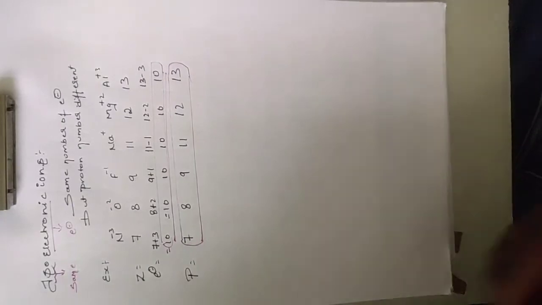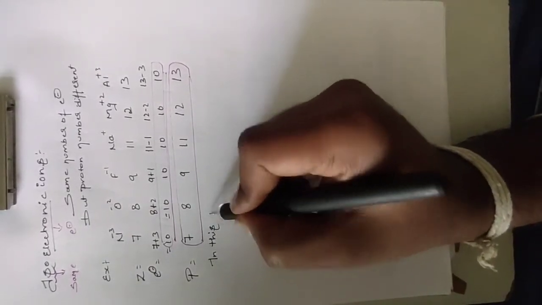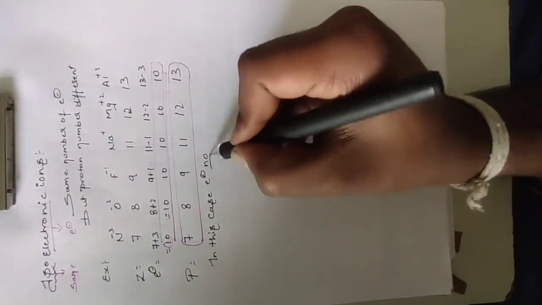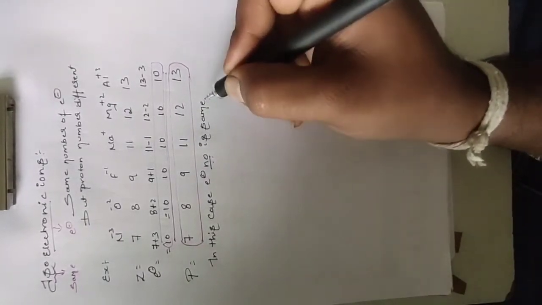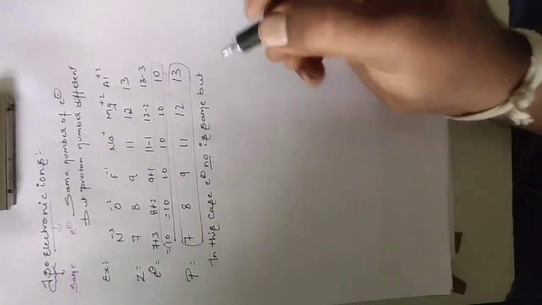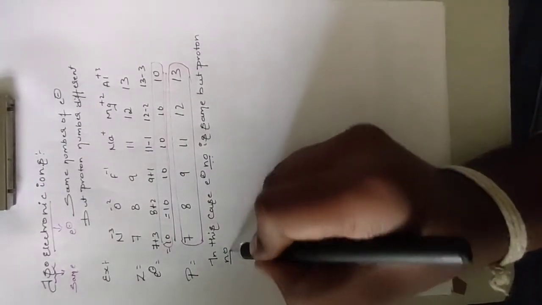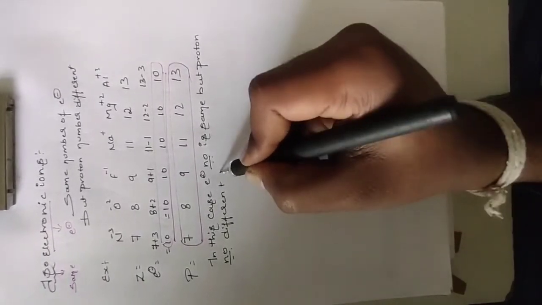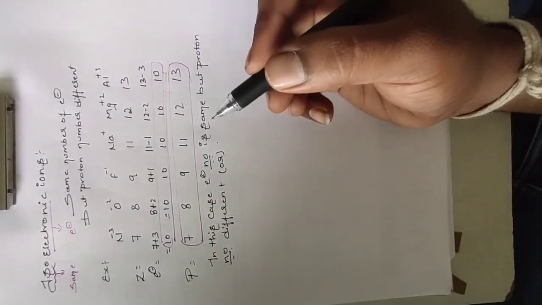Okay, now we'll define that. In this case, the electron number is same, but the proton number is different. Then what happens?